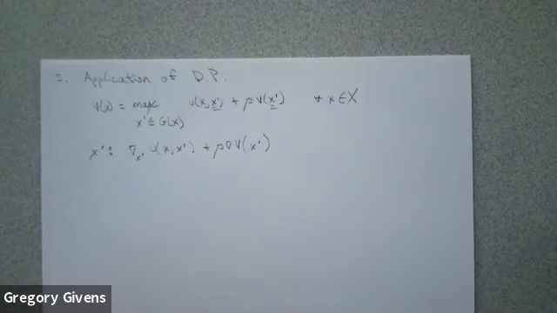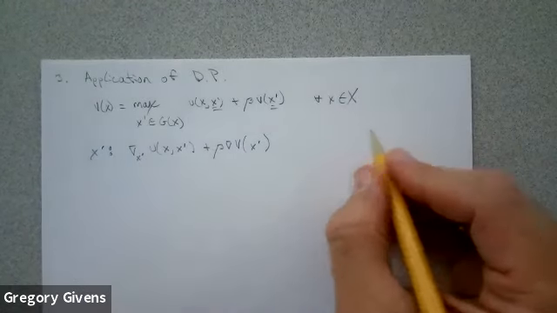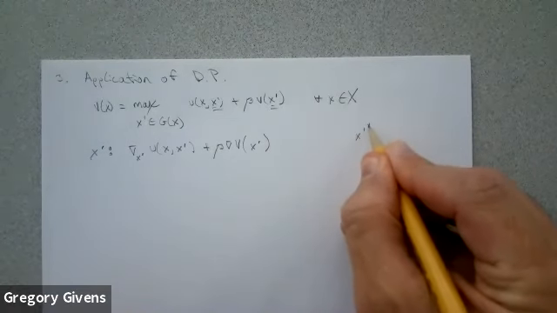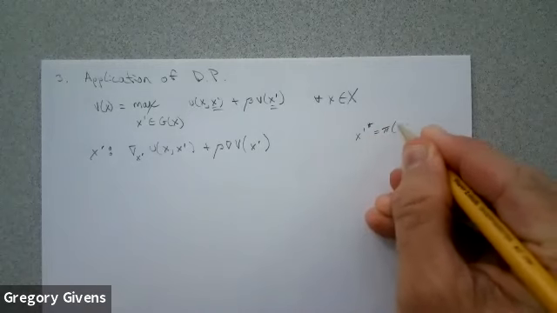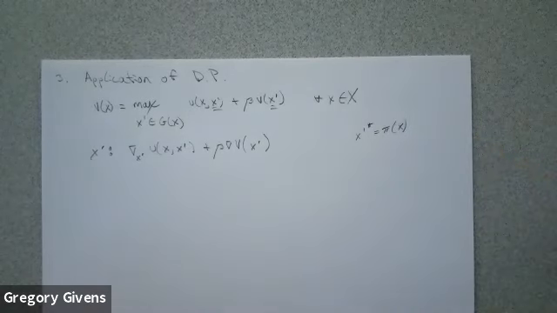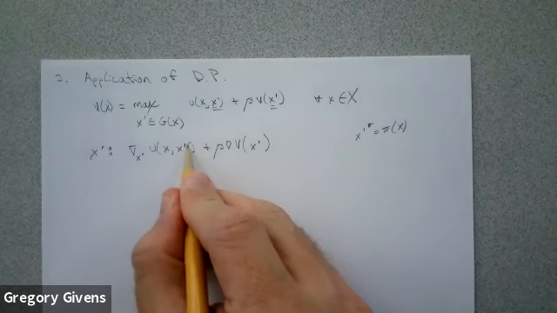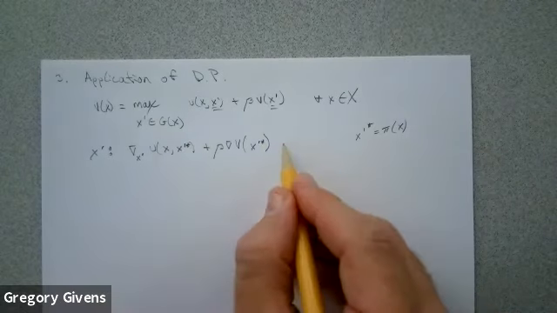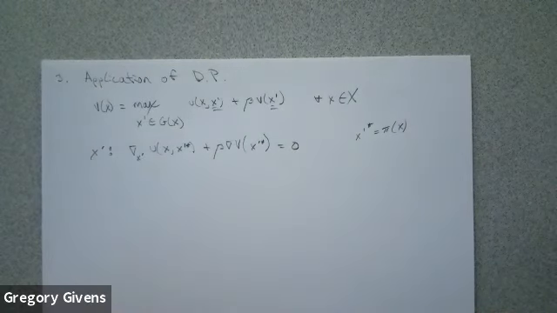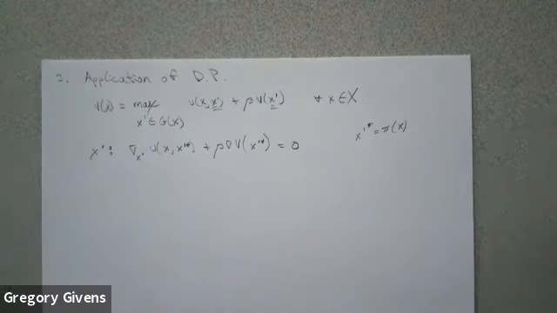Now, if we have identified an optimal policy function, let's call it x prime star, that's my pi of x, then this equation evaluated at x prime star should be equal to 0, right? That's the first order necessary condition. It's also sufficient because V is strictly concave.